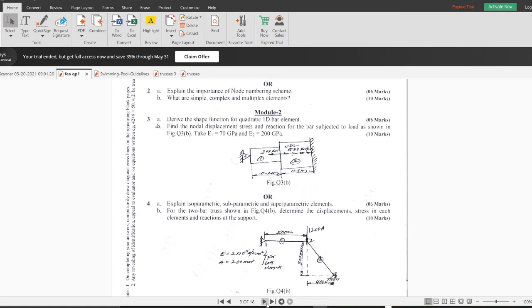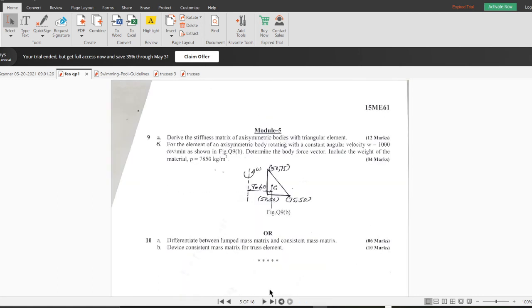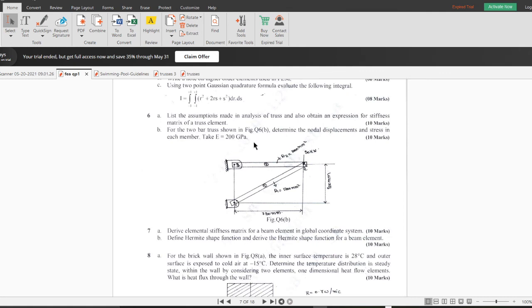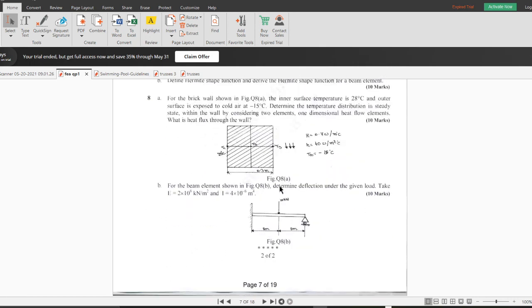In the next problem, a bar problem is given for 10 marks. Here also two elements are given, 50 kilonewton is applied, and both ends are fixed. This type we also did.